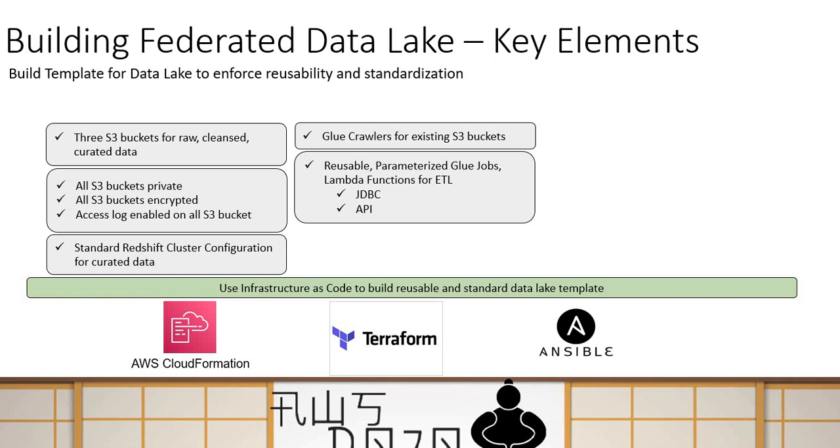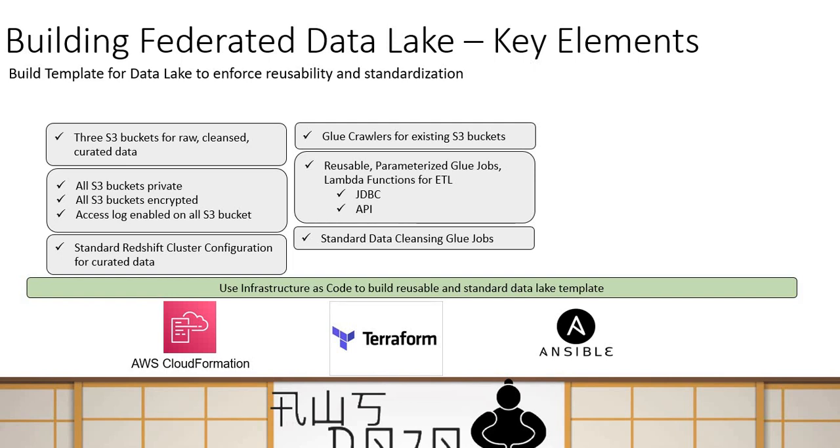And same goes for APIs and Lambda functions. So literally in this template, you can have certain reusable parameterized Lambda functions or Glue jobs which can perform standard ETL operations. You can simply have a standard data cleansing Glue job. Suppose within your organization, across different departments, you have a standard cleansing job defined. You format your date in a certain way.